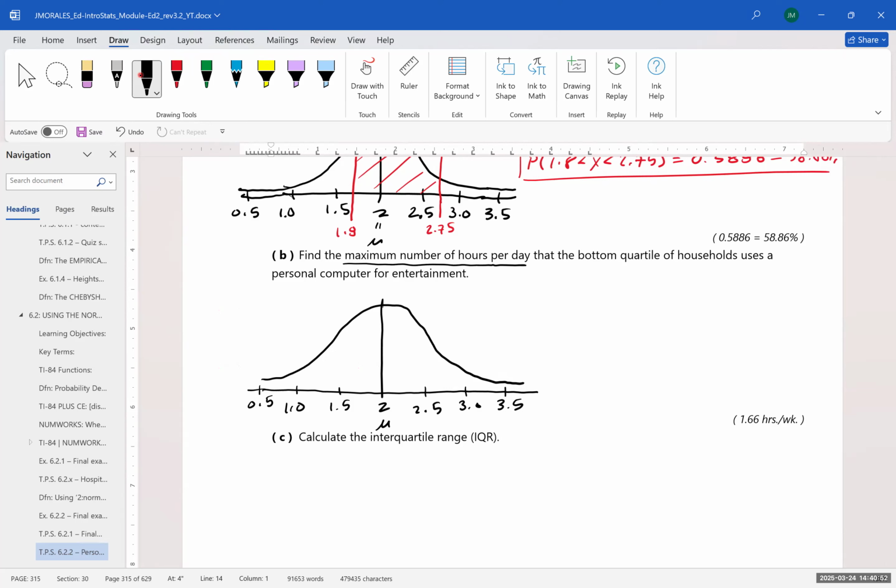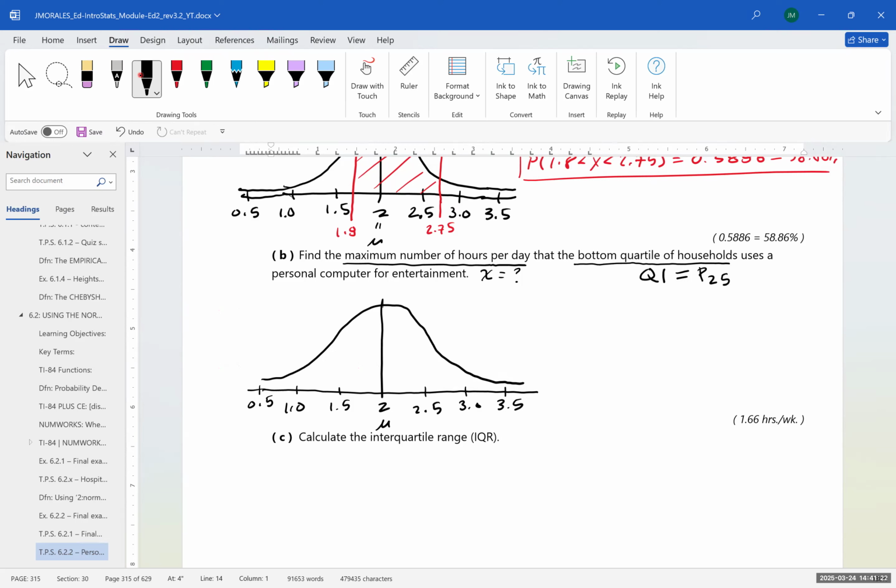So what we're trying to find is some value of X for the bottom quartile of households. All right, what's the bottom quartile? That'd be the first quartile, which is the 25th percentile. Okay. So where would the 25th percentile be?